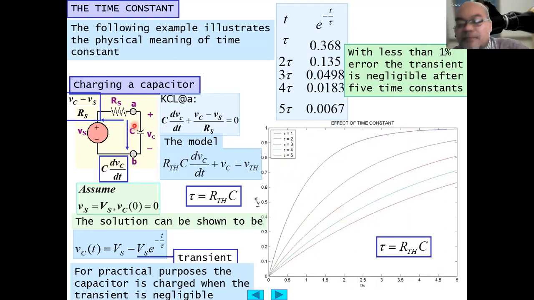The system here means the Vc can quickly be charged by the source voltage. But when tau is very large, I mean 5 seconds, then it will change slowly.